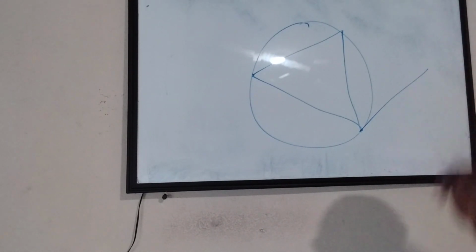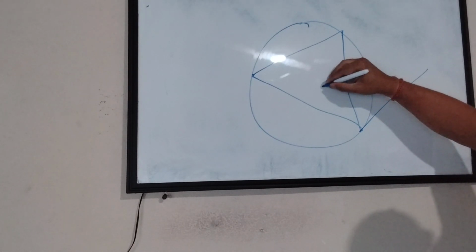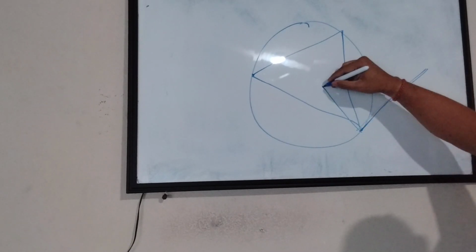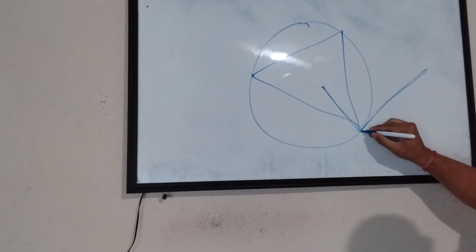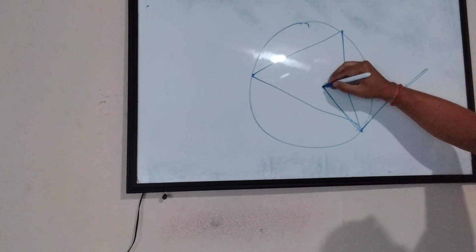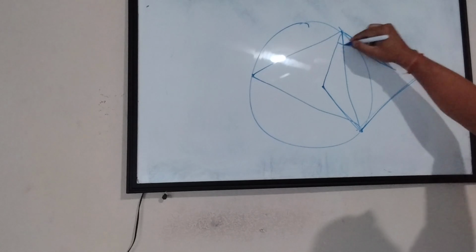Does everybody know what is a tangent? It's like this is my center and this is a perpendicular line on the center. So basically on this radius, whichever point you pick up, if I say I want to draw a tangent, that means you join these 2 points and then draw a perpendicular. So basically this angle is 90 degrees.